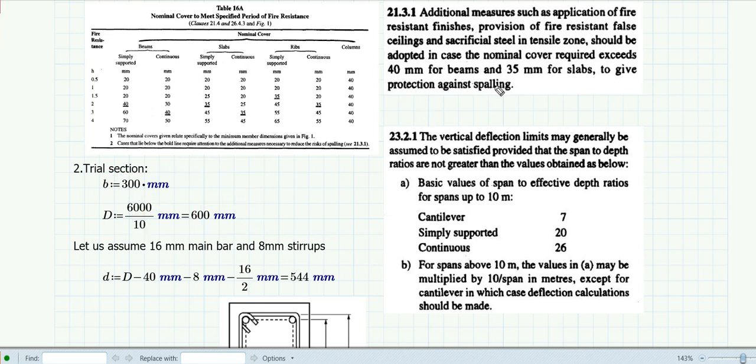Okay, another thing I forgot to tell you, the clause 2021.3.1, that clause about the spalling, is this one. You can read it here.